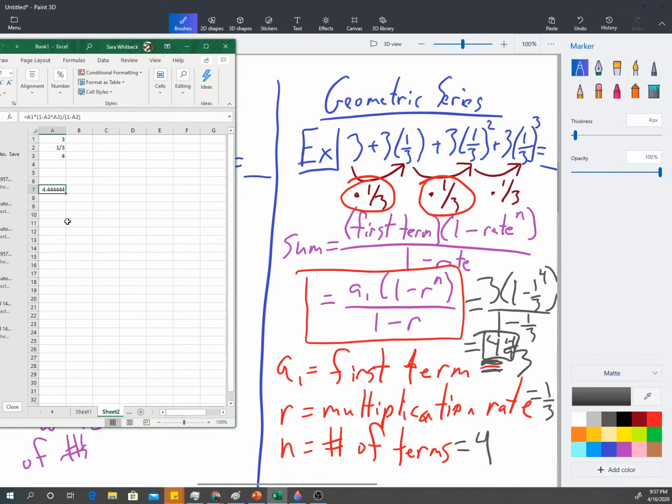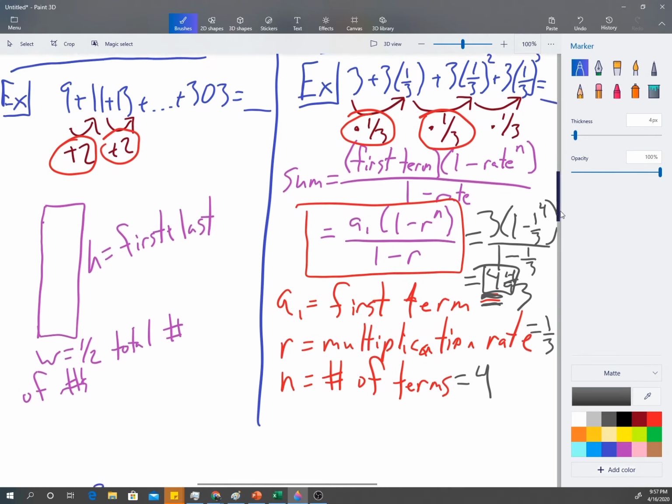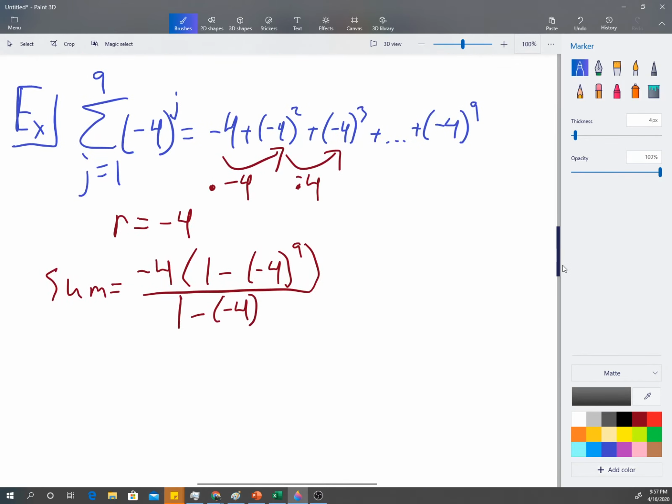And we can see that that's the same thing as 4.4444 repeating. Okay, so it's all just about putting things into your formula. So for another example here, remember you could have your work written out in summation notation.